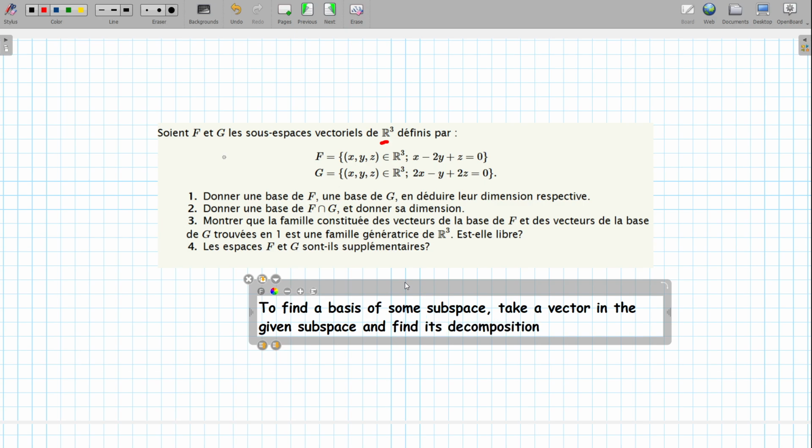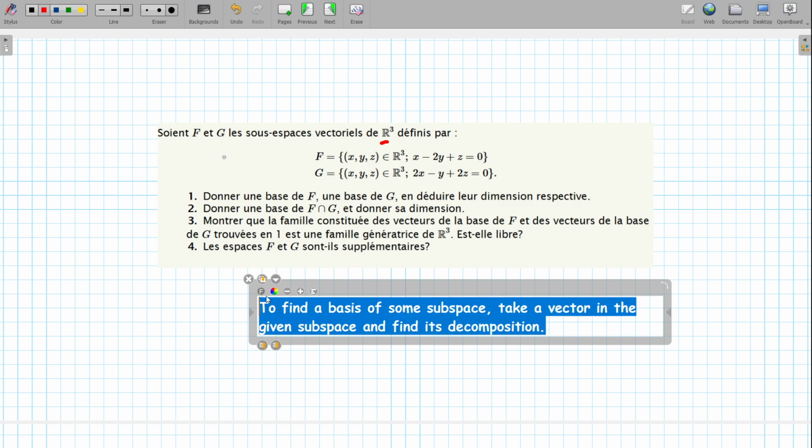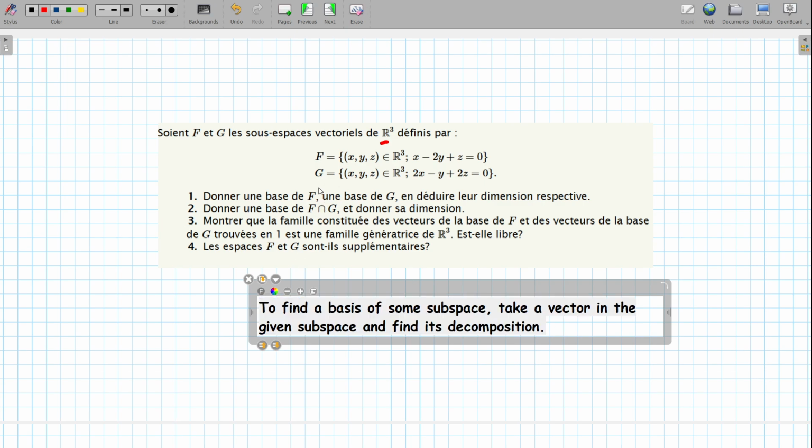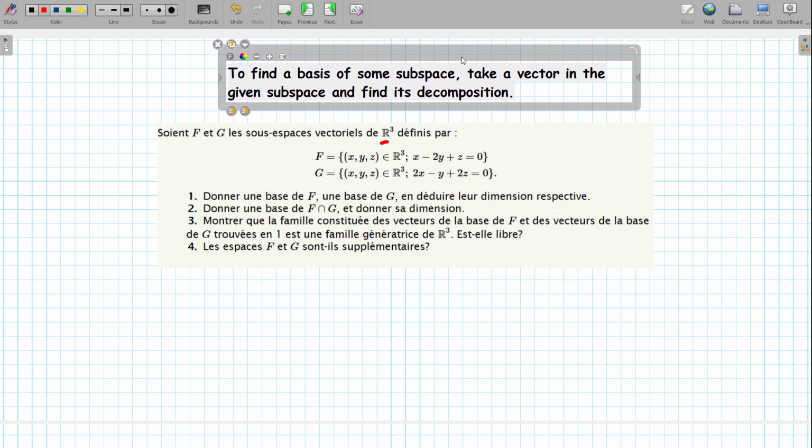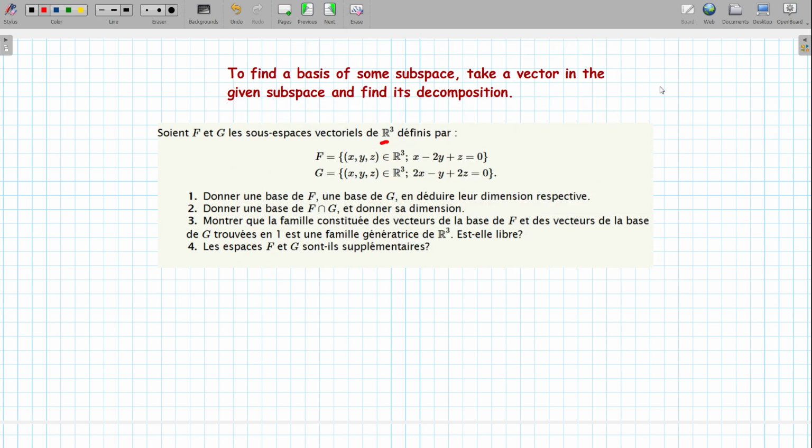So this is the general method. Let me change the color and choose red, because it makes it more visible and makes it stand out from the rest of the text.